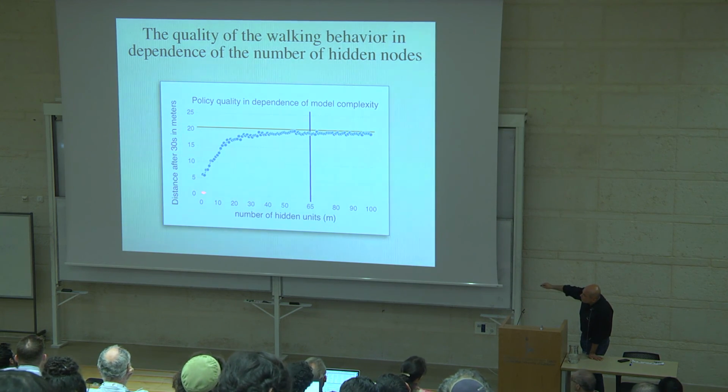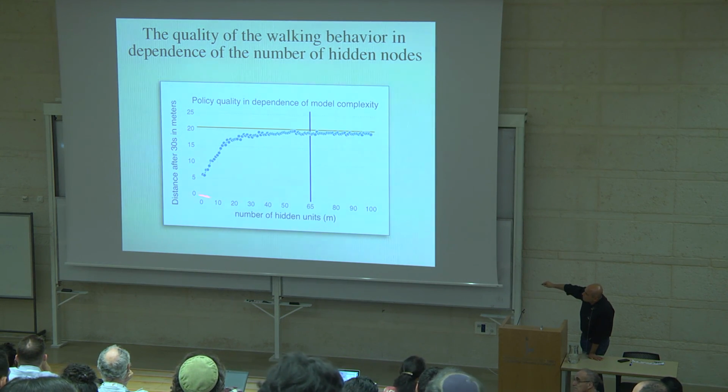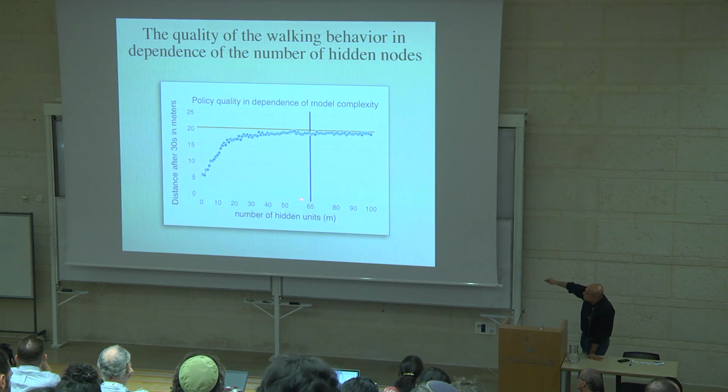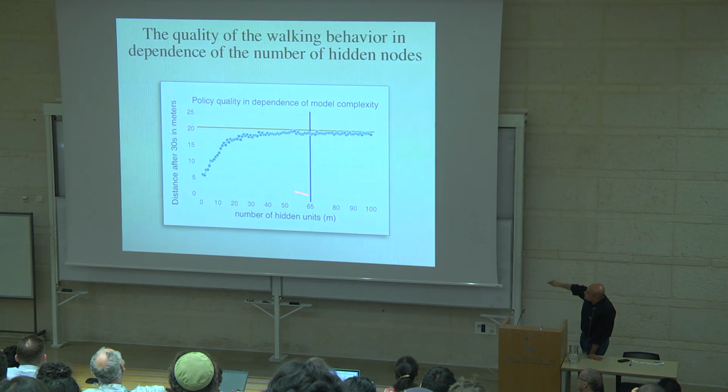If you start with 5 hidden nodes, it doesn't perform well. Then you increase the number of hidden nodes, and you see that it is already optimal slightly below 65, but when you reach the 65, it is saturated already. And you see that there is no further benefit if you increase the number.